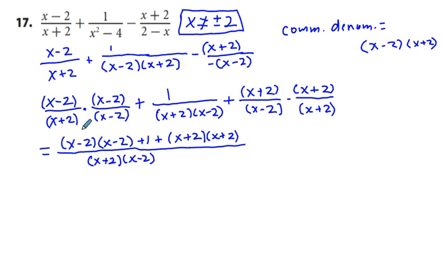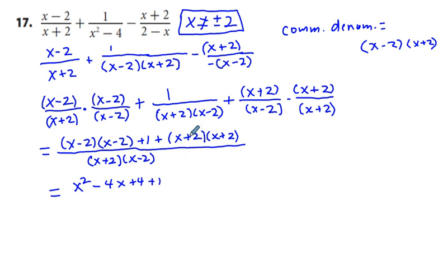Okay, so I'm just working all these out, and we're going to have x squared, and we're going to have minus 2x, that's going to be minus 4x. And then we're going to have plus 4. We're going to have plus 1.